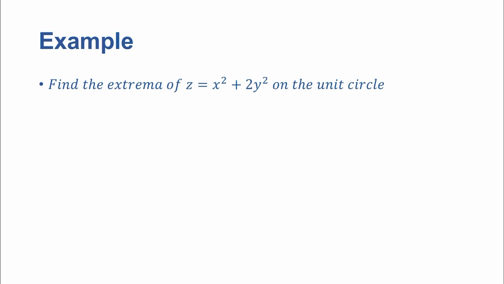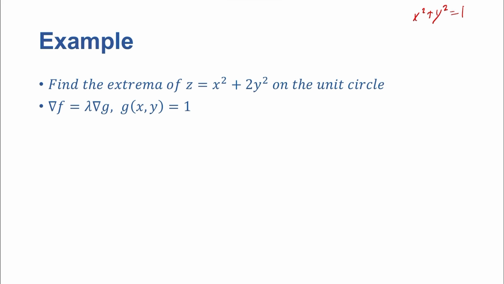So let's give it a try. Let's find the extrema of z equals x squared plus 2y squared on the unit circle. Just a refresher, the equation of the unit circle is x squared plus y squared equals 1. So again, we're going to use our equations. The radius of our unit circle is 1, so g of x, y is equal to 1.